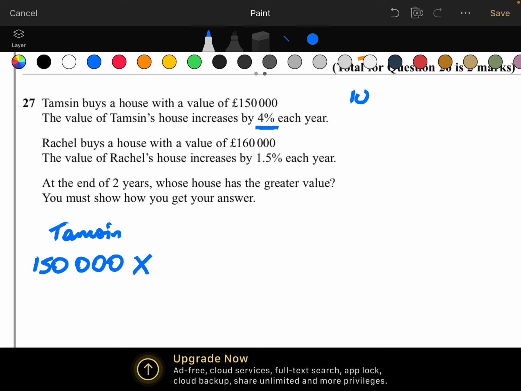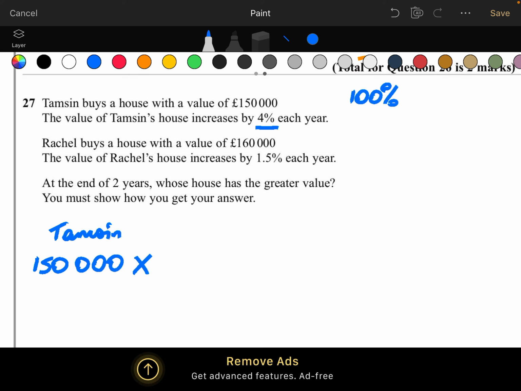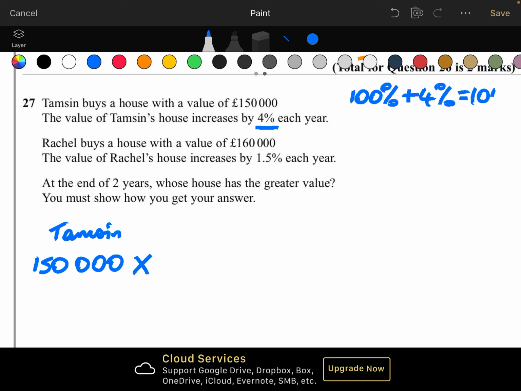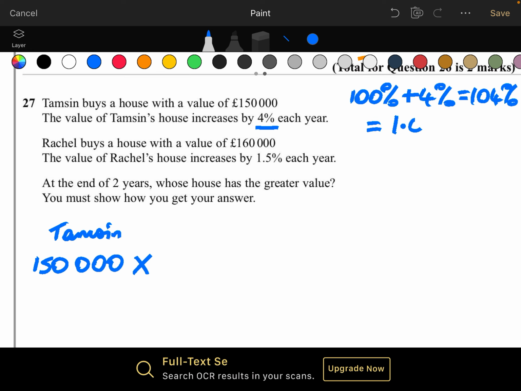Well, we're increasing the original 100% by 4% to get 104%. So that means my multiplier is a decimal 1.04, which is equivalent to 104%.